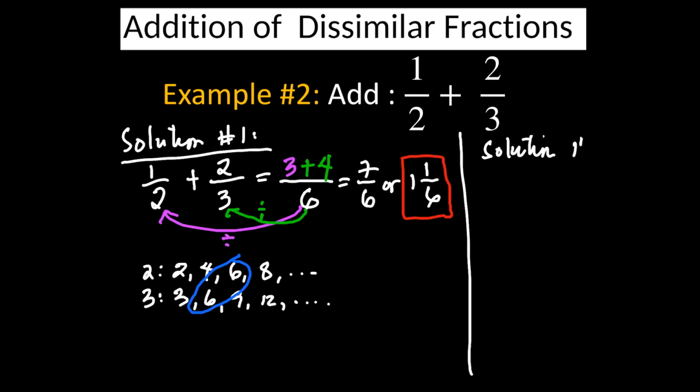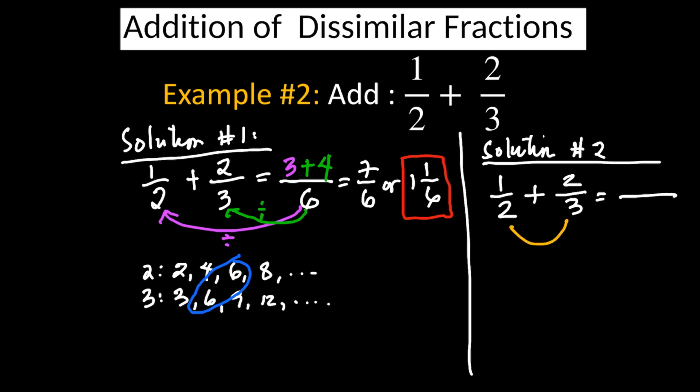Let me call this solution number 2. So we have 1/2 plus 2/3. In this method, you simply have to multiply 2 and 3. That will give you 6. And then you multiply 3 and 1.